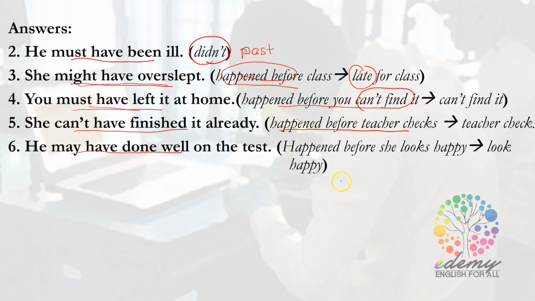So when we focus on what happened before he looked happy, it means we focus on something in the past that made him look happy in the present. So that's why we use may have done well, that is in the past, to indicate the activity that happened in the past. So that is all about the answers, and let's do some wrap up all together.